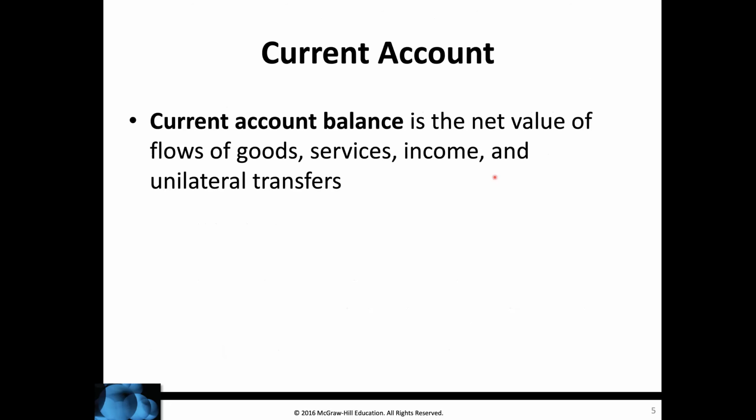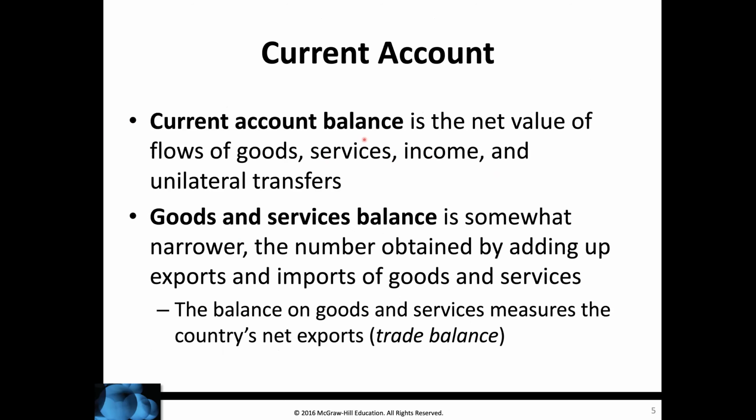So current account balance is the net value of flows of goods, services, income, and unilateral transfers. So that's what makes up our current account balance. So the goods and services balance, which is just a portion of this, is somewhat narrower. The number is obtained by adding up exports and imports of goods and services.